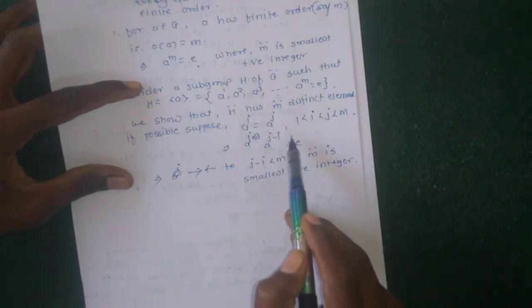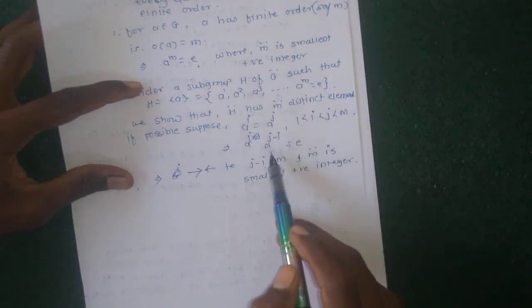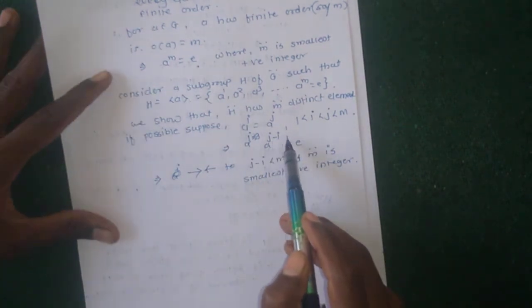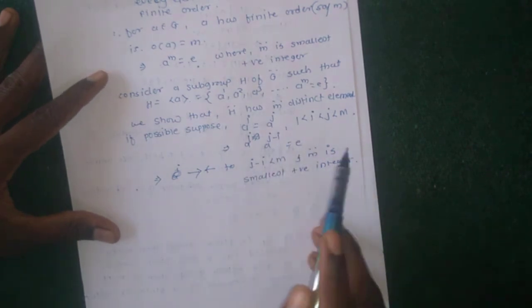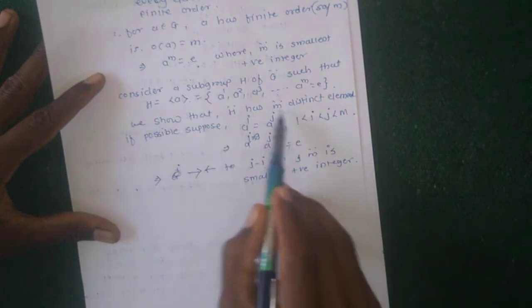Here one of the elements exists, less than m, such that a raised to j minus i equals identity, and this contradicts the condition, which implies that our assumption is wrong.